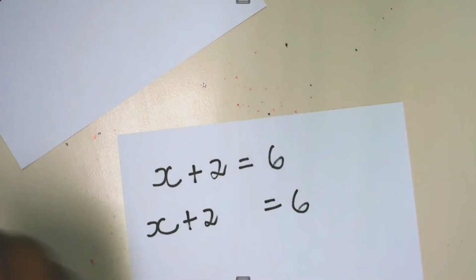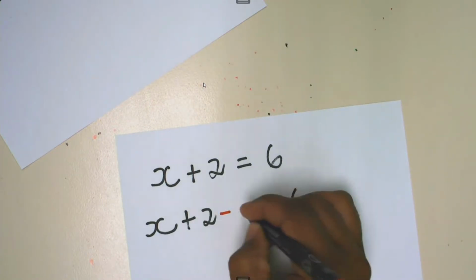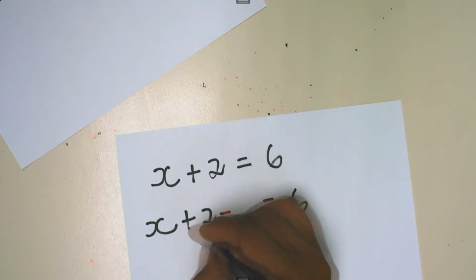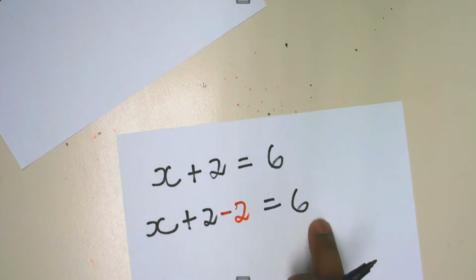I am looking for x. I want to remain only with x on this side, and therefore I will do the opposite. 2 has been added, so I will subtract. Now, what do I need to do on the right-hand side to keep it balanced?